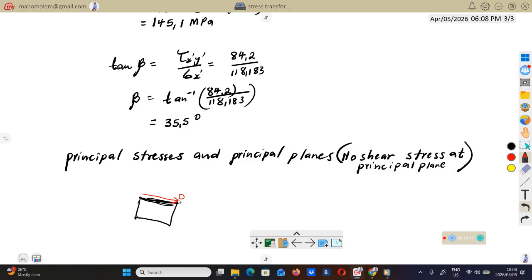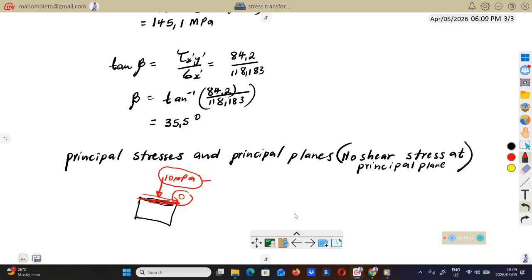If you find that there is a stress acting on this plane of 0 shear stress, then we're going to call that stress principal stress. So any stress that acts on the plane where the shear stress is 0, we're going to call it the principal stress.